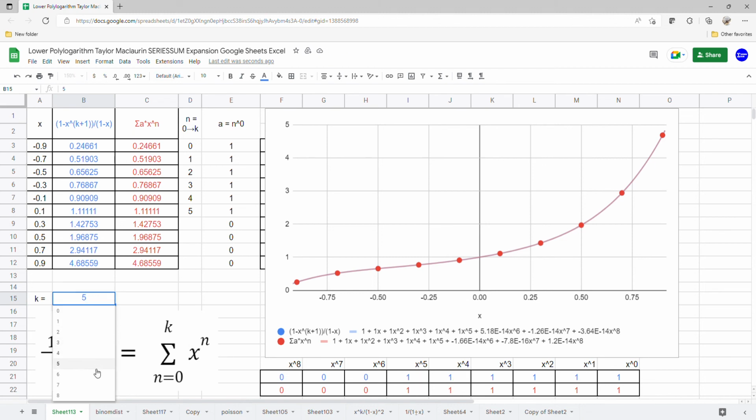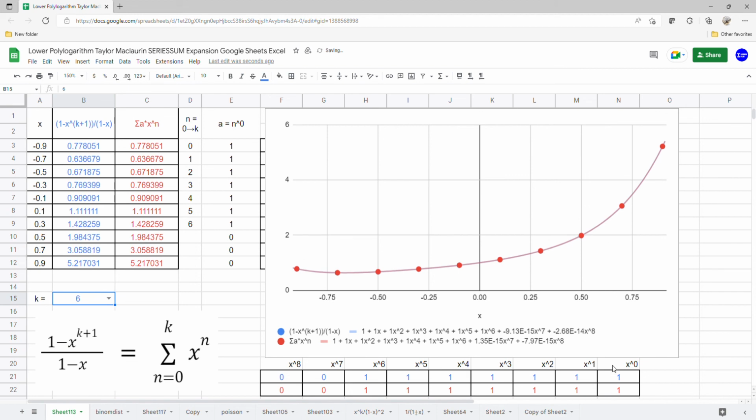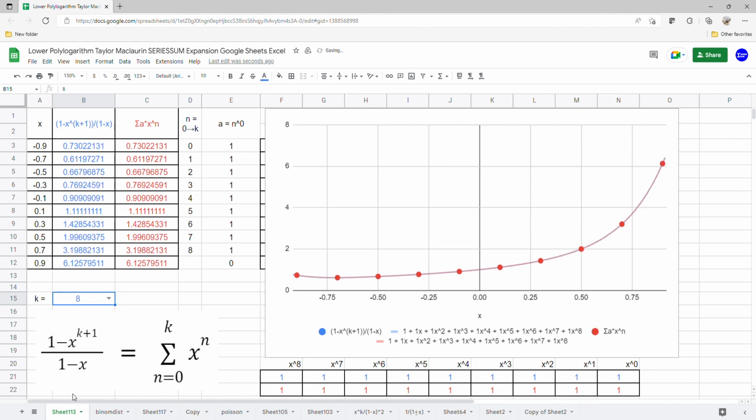K equals 6, adding x to the sixth. K equals 7, adding x to the seventh. K equals 8. 1 plus x plus x squared plus x cubed, x to the fourth, x to the fifth, x to the sixth, x to the seventh, and x to the eighth.